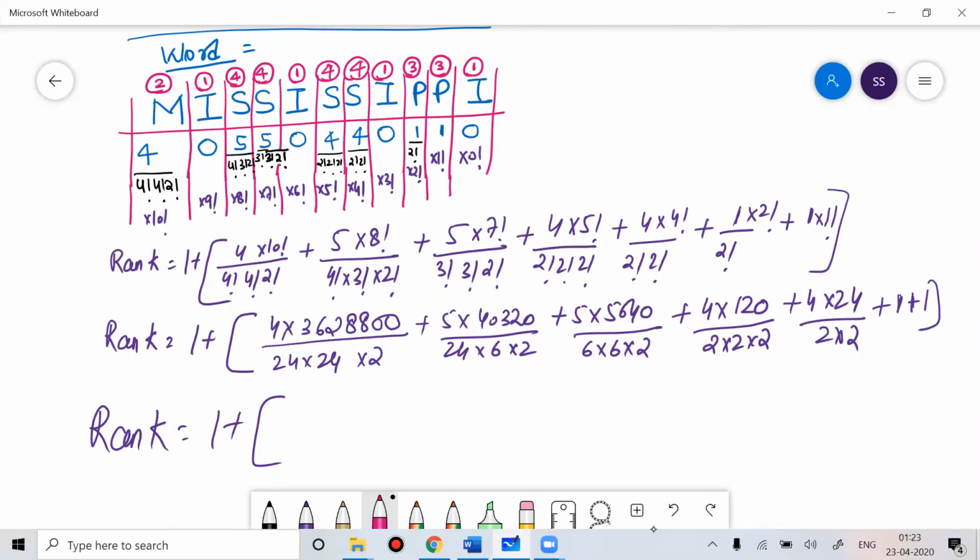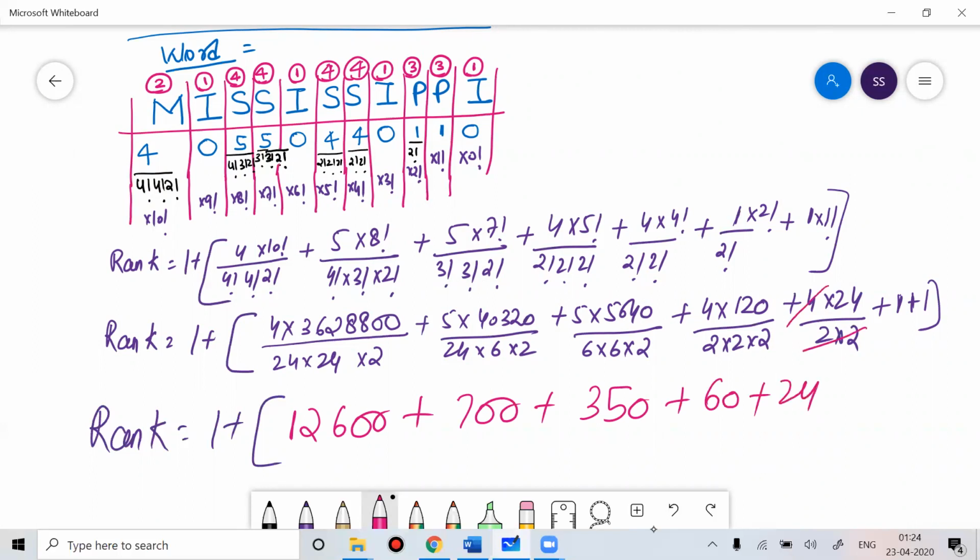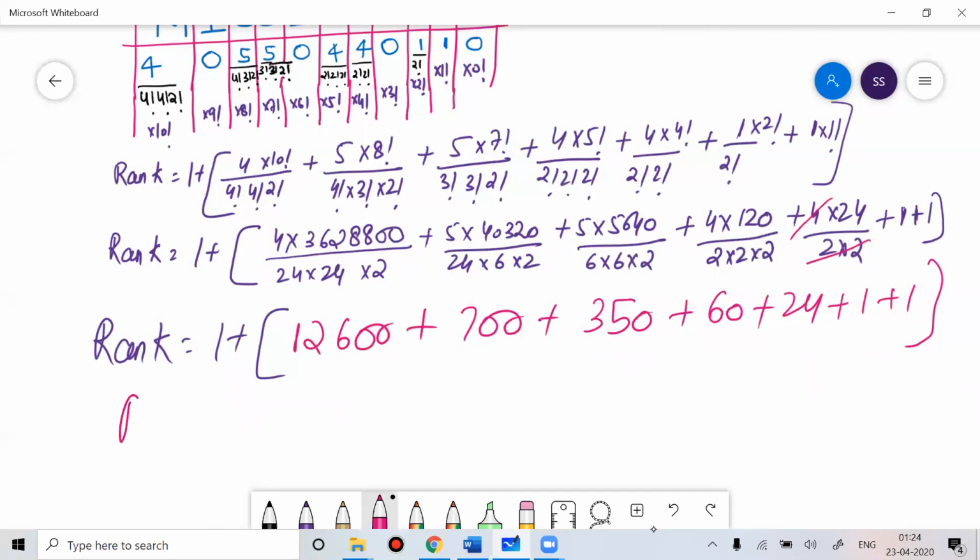So you will get 12,600, plus this if you solve you will get 700, plus this you will get 350, plus this you will get 60, plus this you will get 24, plus 1 plus 1. So finally if you solve this rank, you will get the answer 13,737. This is your final answer.